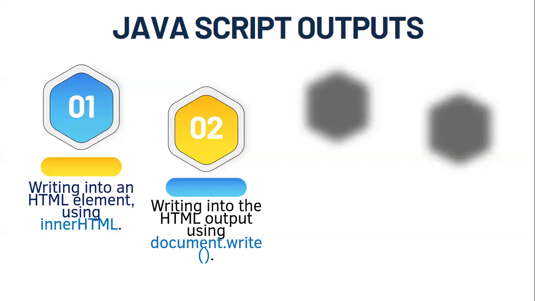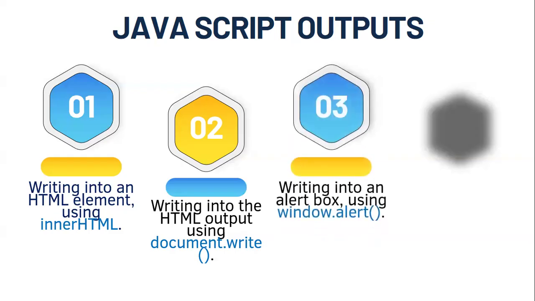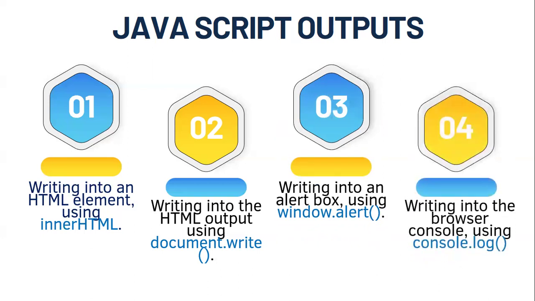In a similar way in JavaScript, innerHTML is a property to display particular content on the screen. Similarly, document.write, window.alert (window is optional), and console.log. These are the four ways to display data on the screen using JavaScript. Subsequent slides will talk about how they work.